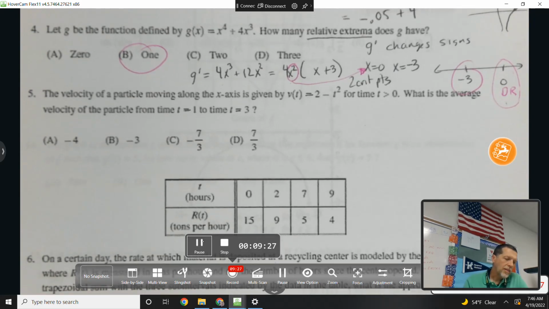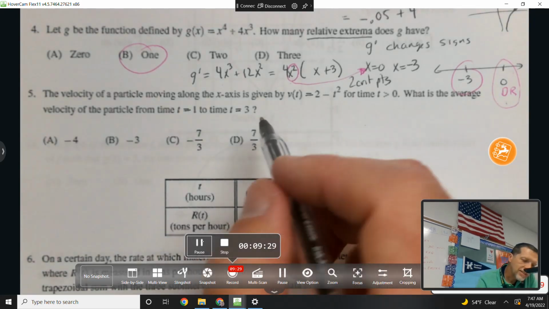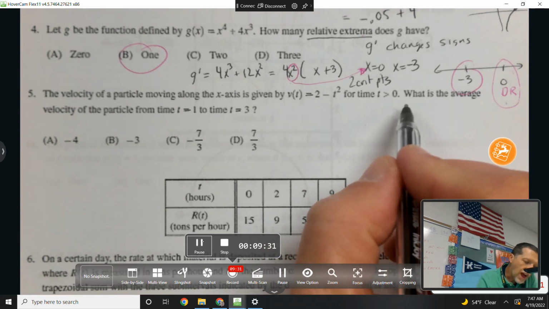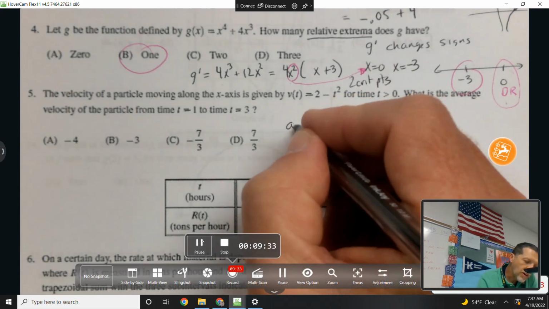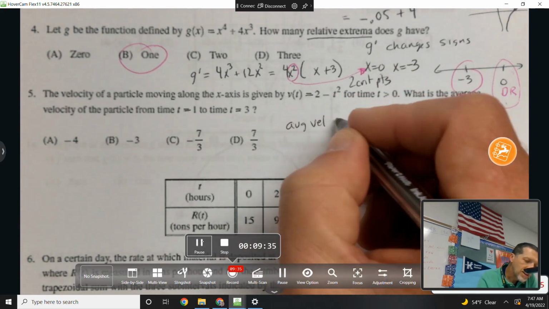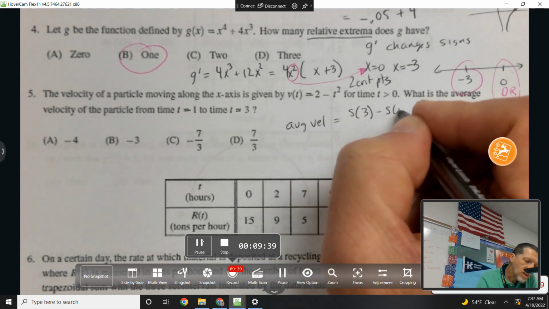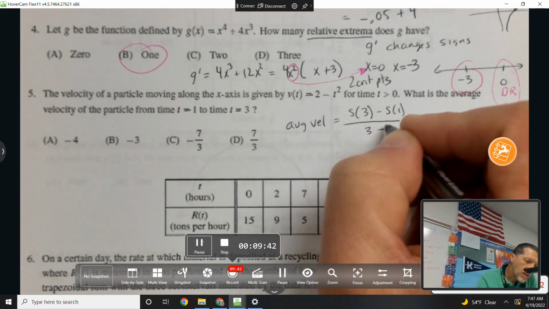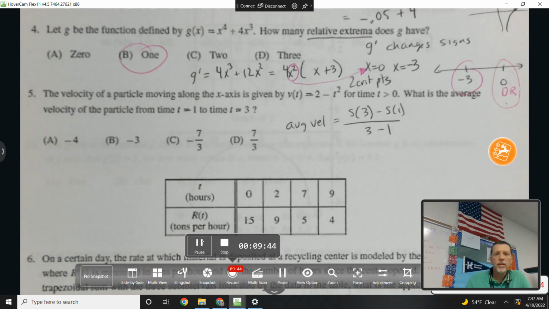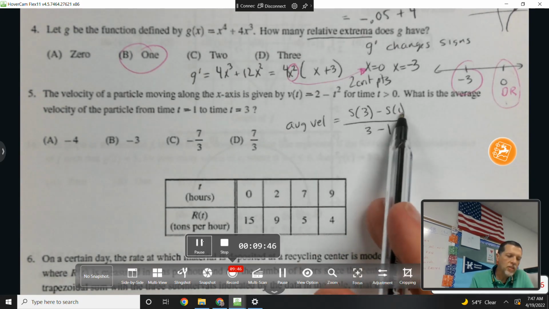Number 5, velocity of a particle moving along the x-axis. What is the average velocity? Okay, well, average velocity is change in position, except that we don't have s of 3 minus s of 1.